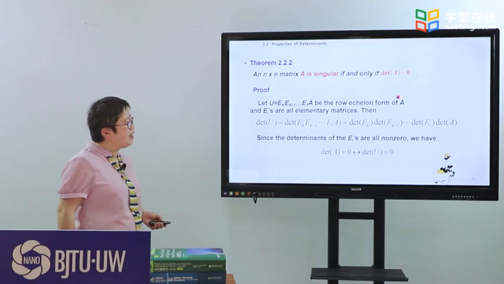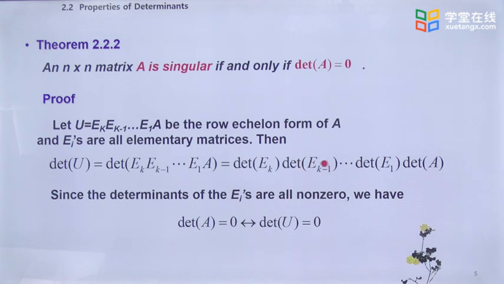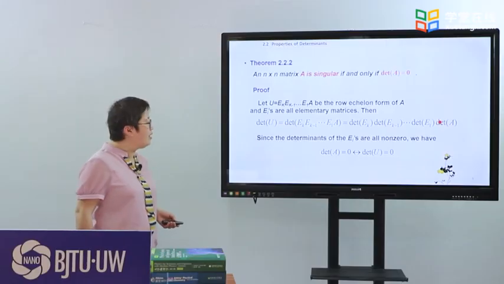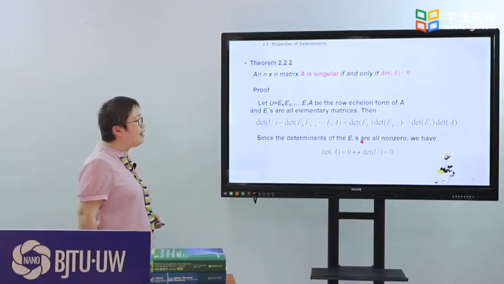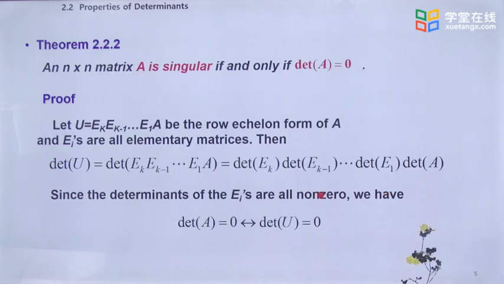So we have this property already. So it equals determinant of E_k times determinant of E_{k-1} times till determinant of E_1 times determinant of A. Since the determinants of the E_i are all non-zero, as we learned before, we have determinant of A equals 0 if and only if determinant of U equals 0.